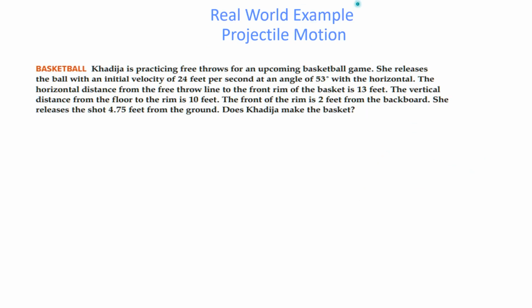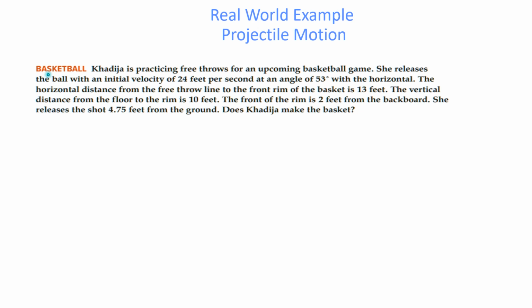Real world example, projectile motion, basketball. Khadija is practicing free throws for an upcoming basketball game. She releases the ball with an initial velocity of 24 feet per second at an angle of 53 degrees with the horizontal.